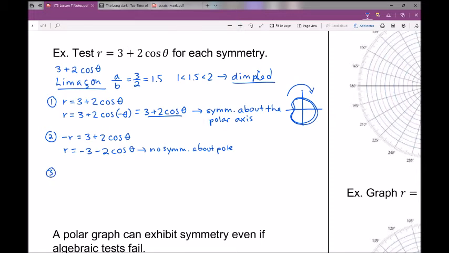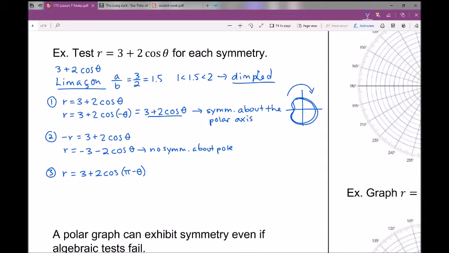Finally, let's check for that vertical symmetry, which you can probably already guess is not going to work, but we're going to run through it anyway. We're going to take our equation, and for theta, substitute in pi minus theta. So we get 3 plus 2 times the cosine of pi minus theta. Let's think about what this does.